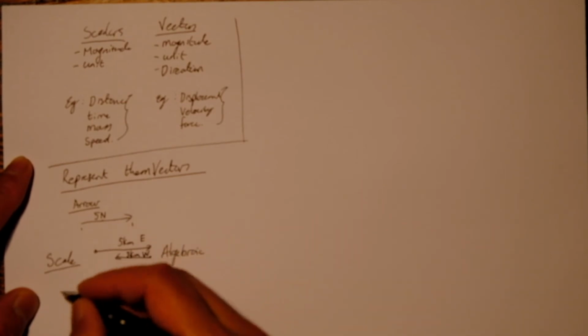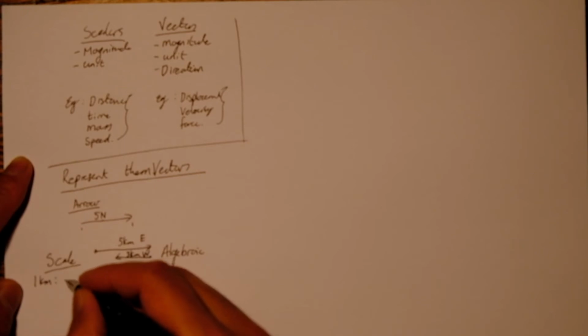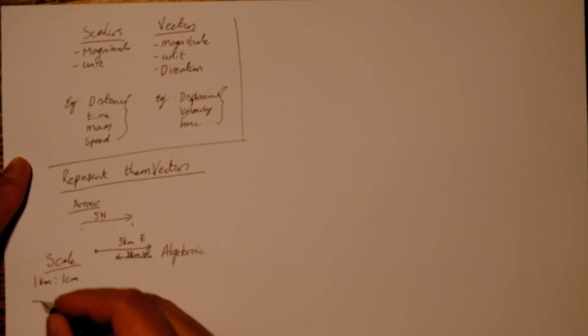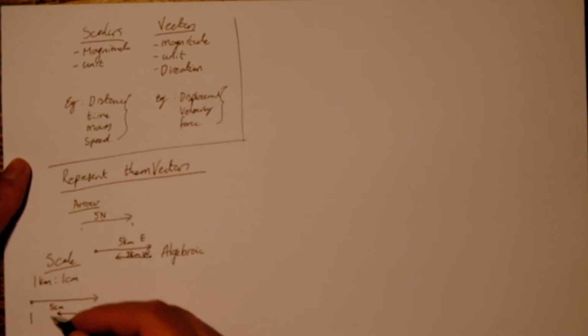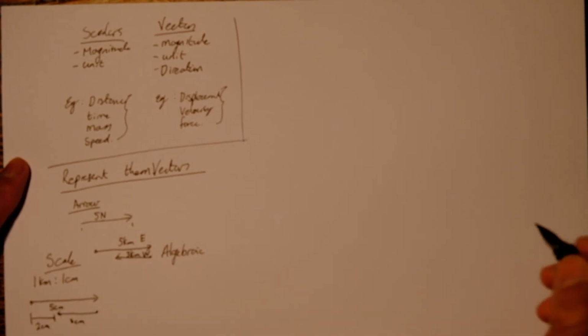We could do it by scale, saying that 1 kilometer is proportional to 1 centimeter. So we draw a line that is 5 centimeters long going east and 3 centimeters long going west. And the difference being 2 centimeters according to our calculations could be measured off.